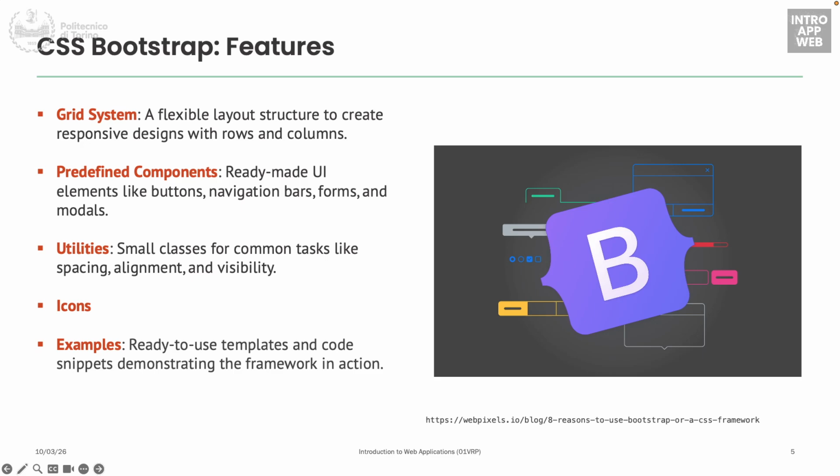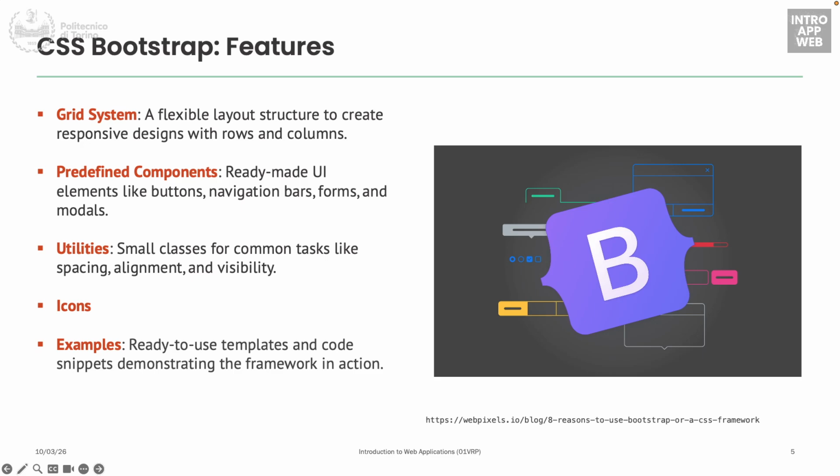That is a concept we are already familiar with. It has some predefined components, so it has user interface elements that they have already implemented and that we can use, so that we don't have to create everything from scratch and try to customize all of the graphical interface components from scratch. So elements like buttons, navigation bars, forms, and modals are already built there and we just use them.